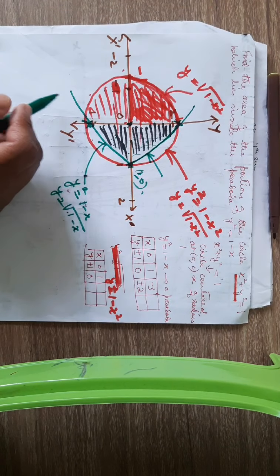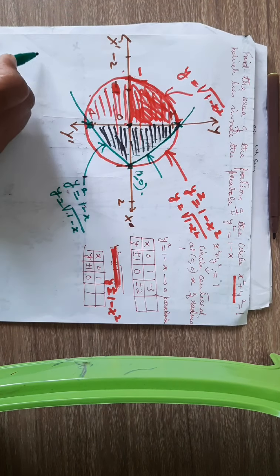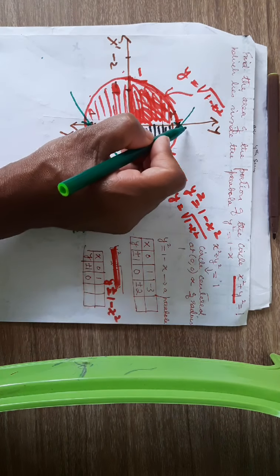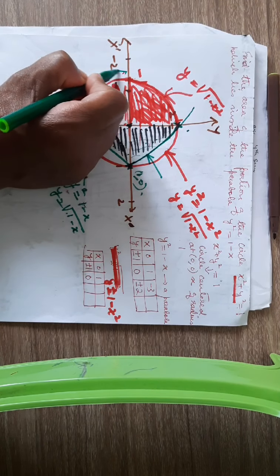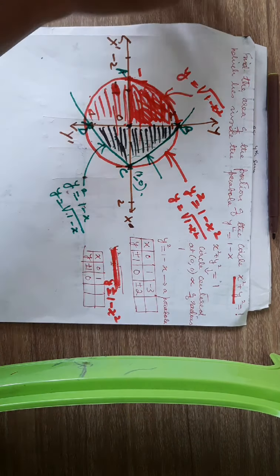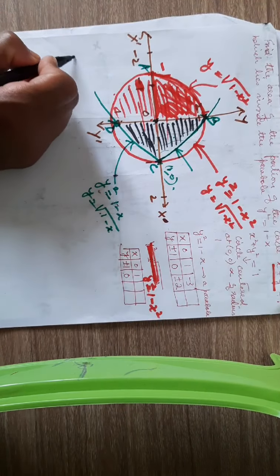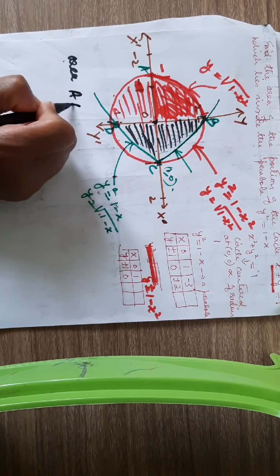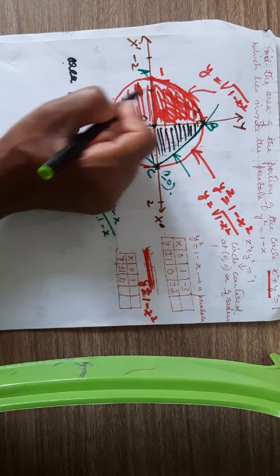So here you can write this. Let me denote the points as A, B, C, D. The required area is equal to area ABCDA, that means this whole thing.